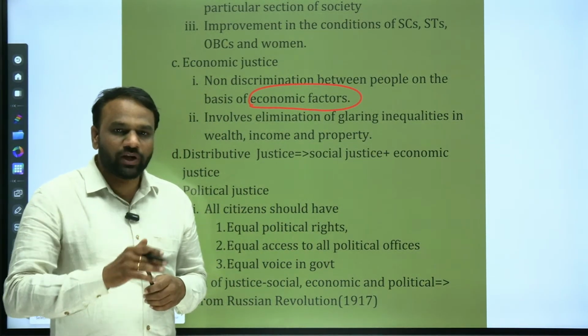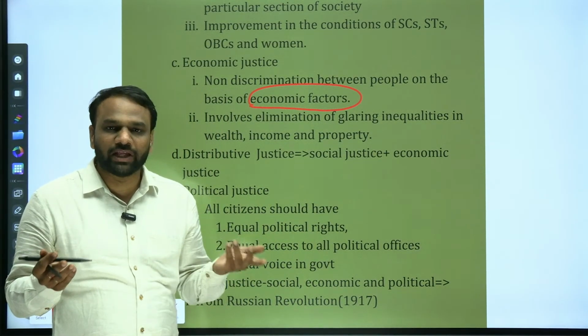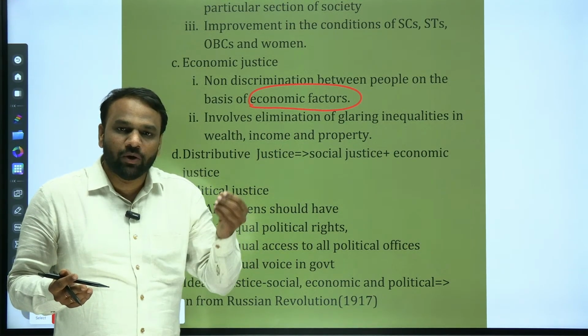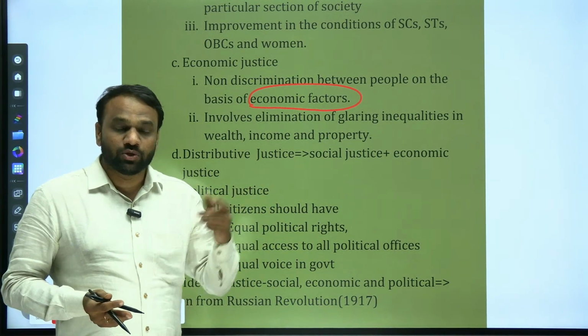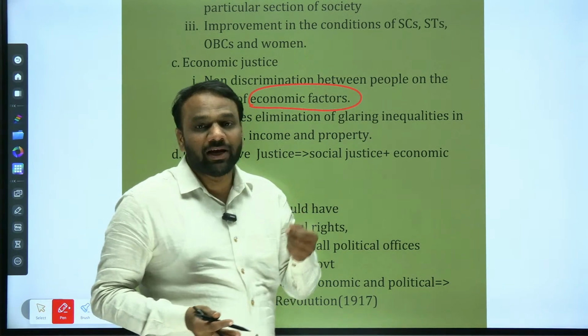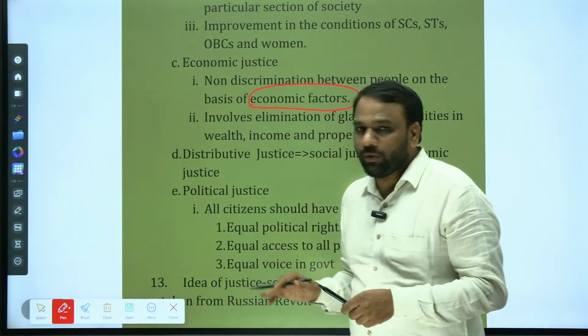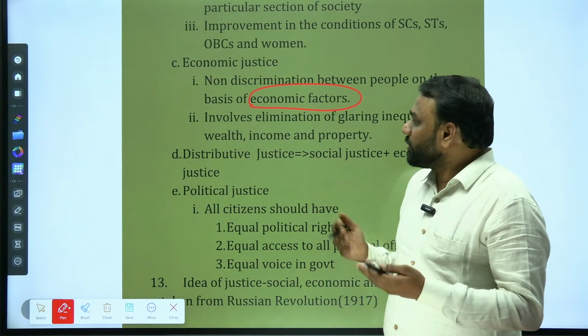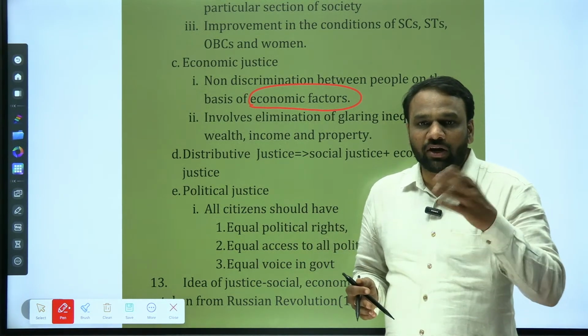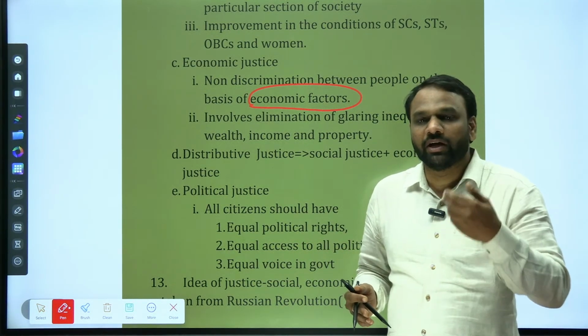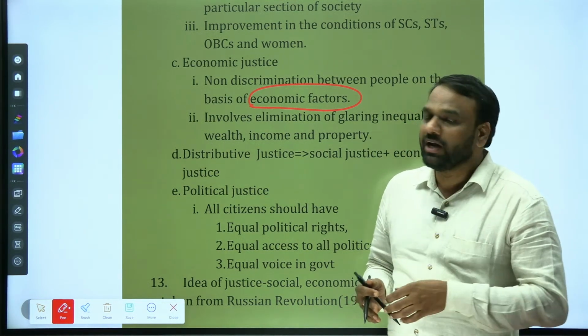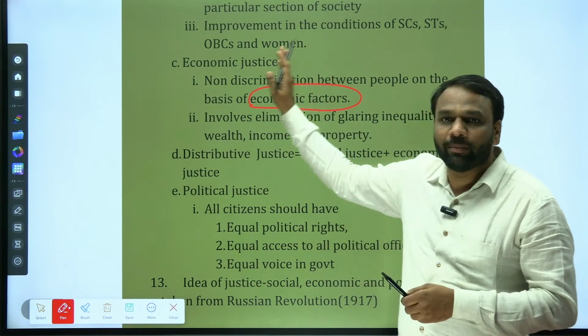But when it comes to voting, not all were given the voting rights. Some were given voting rights based on their property. So that is an example of what? Economic discrimination. But today, irrespective of your economic factors, whether you are poor or rich, you can participate in the election, you can vote in the election. This is just one example to indicate that we have ensured economic justice.